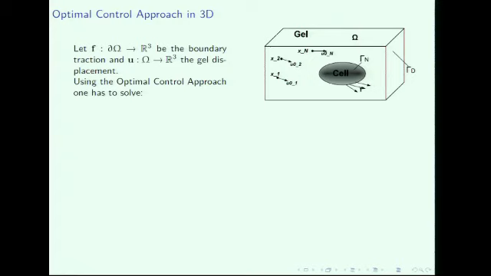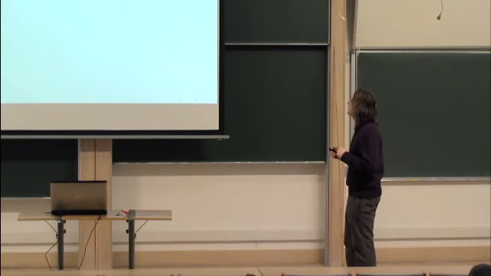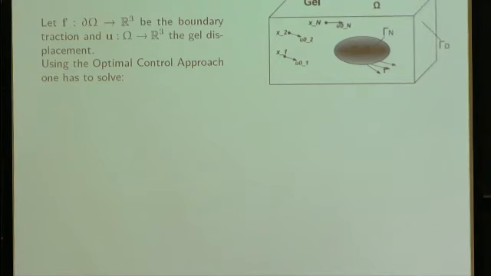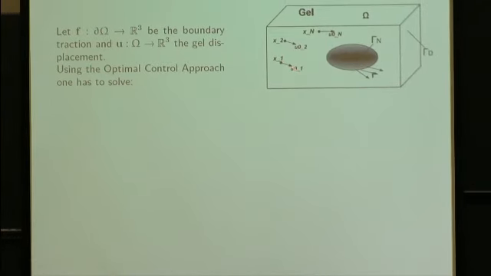The external boundary, gamma D, is the boundary where a homogeneous Dirichlet condition applies. Those points x1, x2, ..., xN are the fluorescent beads that one observes in laboratory, and actually in those points measurements are available. So biologists measure displacement, which I call u01, u02, etc.